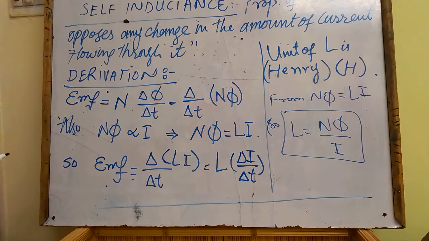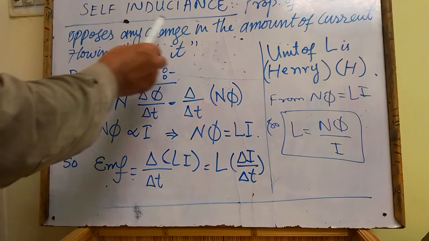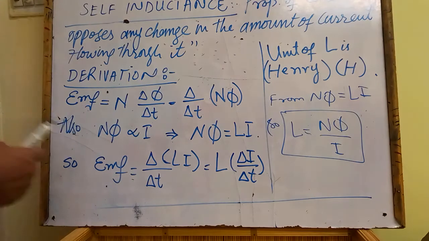For example, if some amount of current is flowing through the circuit and we want to change the magnitude or direction of that current, the inductance of the coil resists that change of the current. This property is due to the self-induced EMF in the coil itself by the changing current.